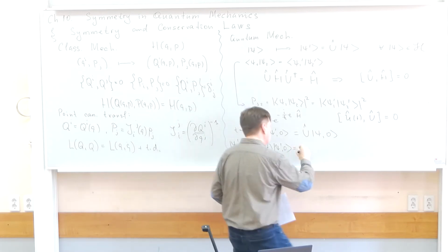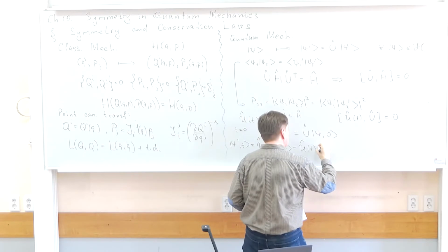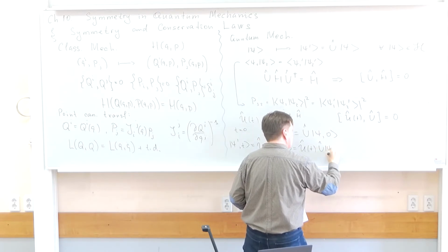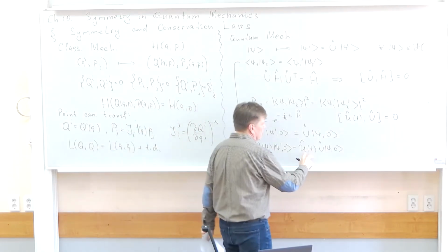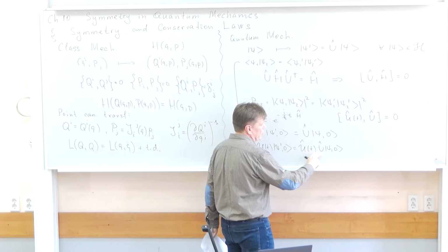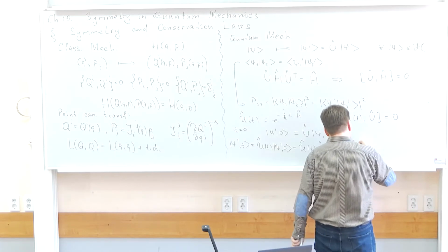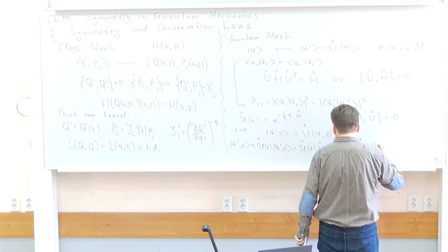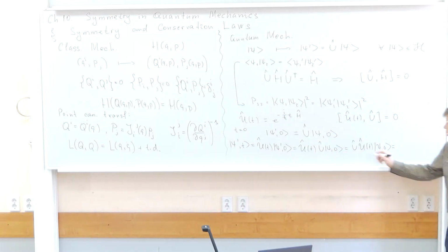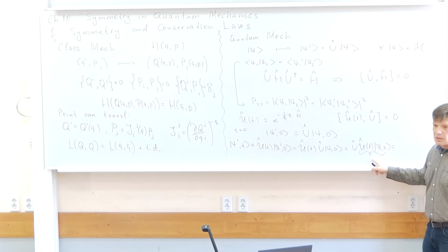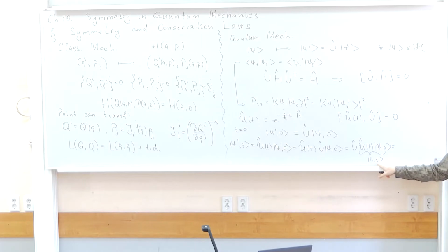and using this equality we can write this as the action of the symmetry operator on the state psi naught. Now, using the fact that the evolution operator commutes with the symmetry operator, we can write this as U acting on U of t psi 0. And this combination gives us psi at the moment t.